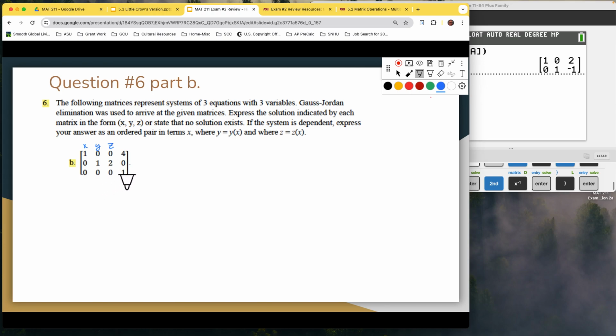But this last row is telling us that 0 equals 1, right? 0x, 0y, 0z. 0 equals 1. That's not true. It doesn't work. So this is a no solution exists. What do they want us to do? State that. So this one, we just say no solution.